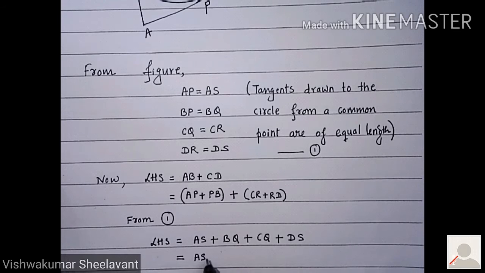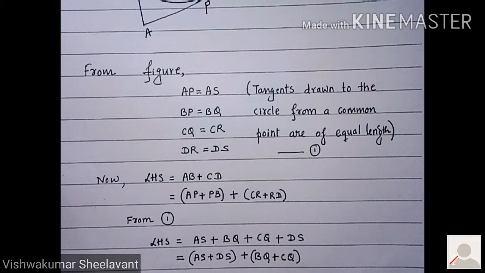You bring them together, AS and DS. We are having BQ and CQ also. You bring them together. Now AS plus DS is AD, BQ plus CQ is BC. And that becomes our RHS.